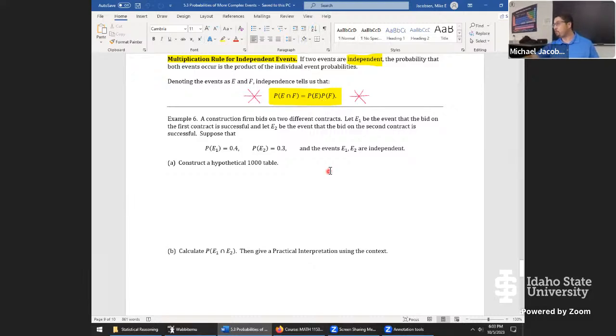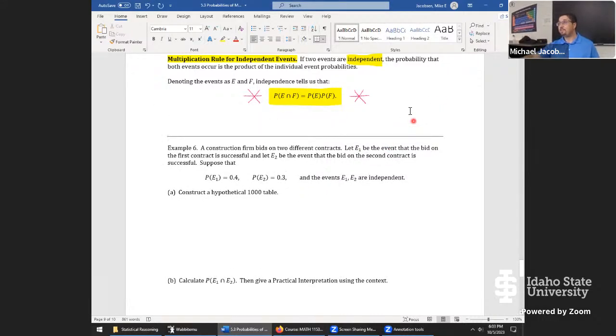So equally invaluable formula, but this one hinges completely on the events E and F being independent. Let's put in brackets what that means, just as a loose verbal description. E and F being independent events would mean the probability that F occurs does not depend on whether or not the event E occurs.